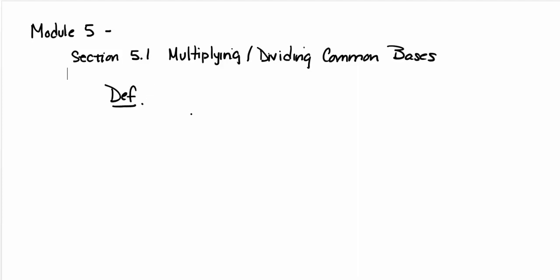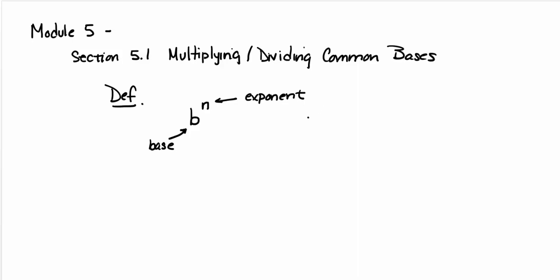Okay, so let's define our exponent here. Definition: you'll see some base raised to some power n. That n looks like a superscript, so it's not next to it, actually a little bit littler. That's what we call our exponent, and the larger one is what we call our base.